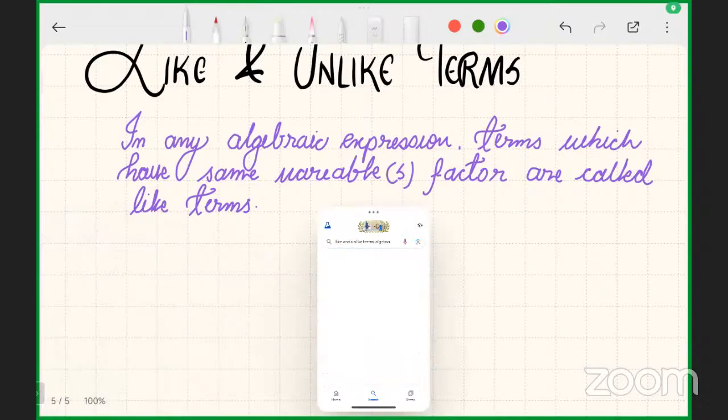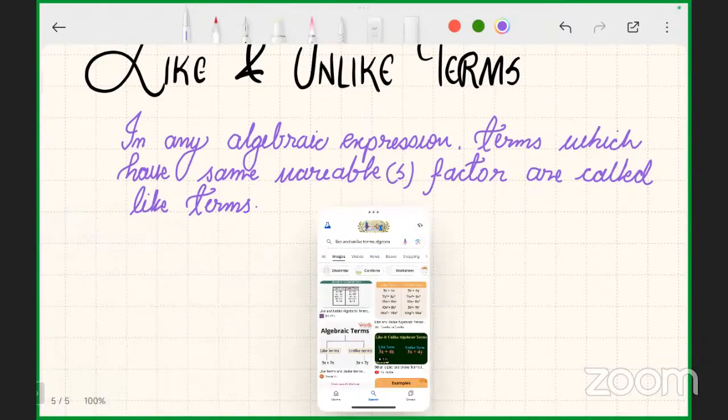By the way, what's inside the brackets? Variable's factor.